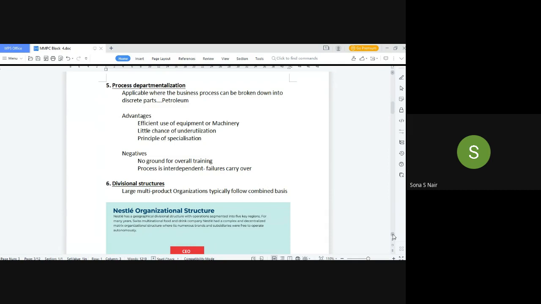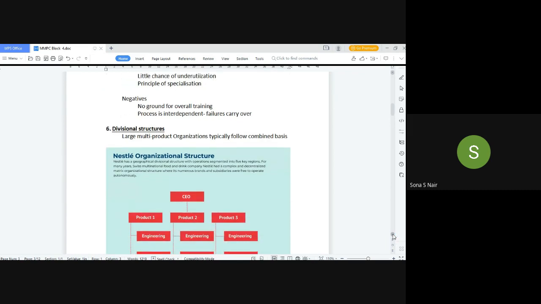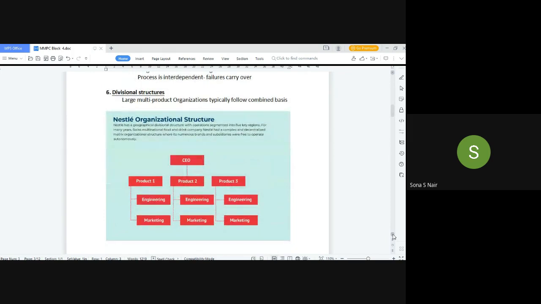Now, the next departmentalization form is called divisional structure. What do you mean by divisional structure? Most of the bigger, large multi-product organizations typically follow a combined basis. They do not just follow the functional form of departmentalization, or the regional form, or the product form. They have a whole gamut of working.